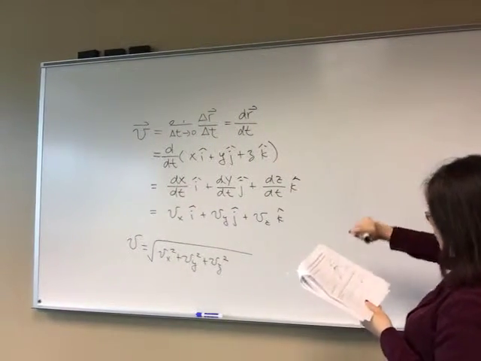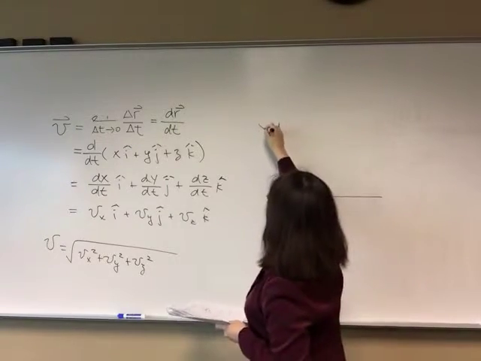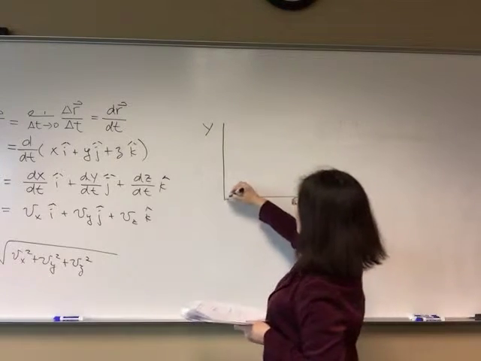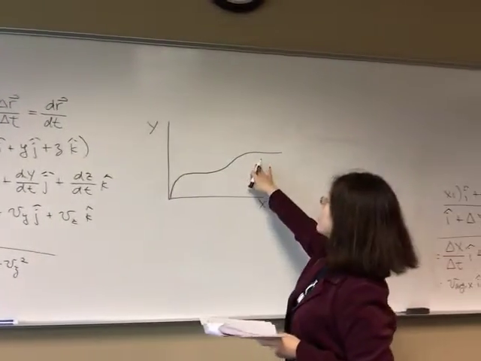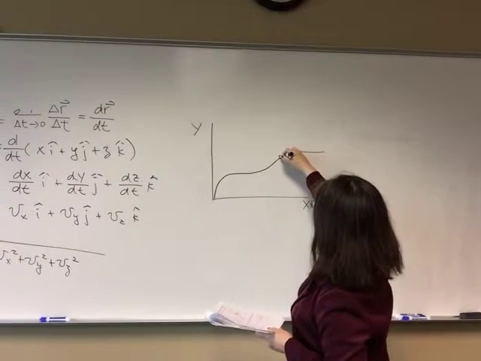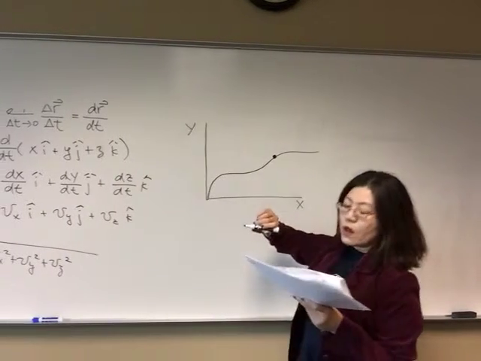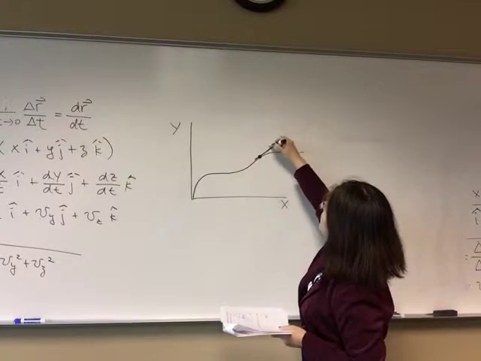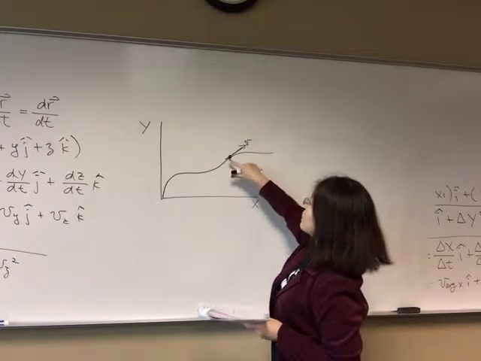So if you plot it, let's say as y and x, and you follow the trajectory of the object, let's say the object is moving like that. Okay? So this is the trajectory of the object. And let's say at this instant, the object is right here. So what is the velocity then? The velocity is always tangent to the curve. So tangent to the curve, this is the magnitude of v, and this is also the direction.